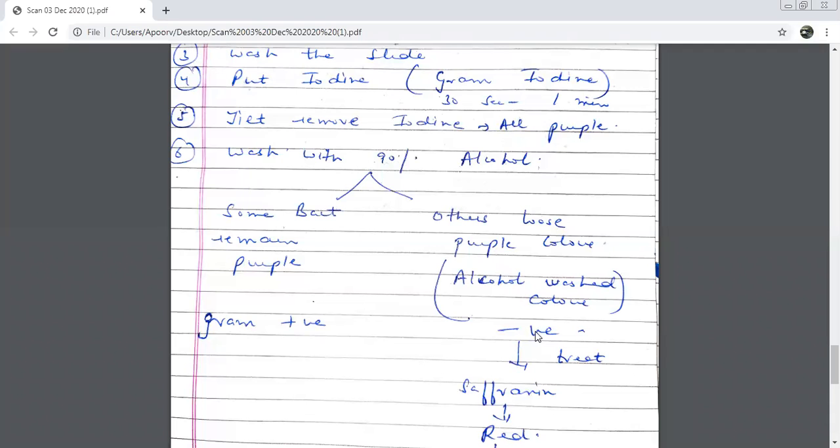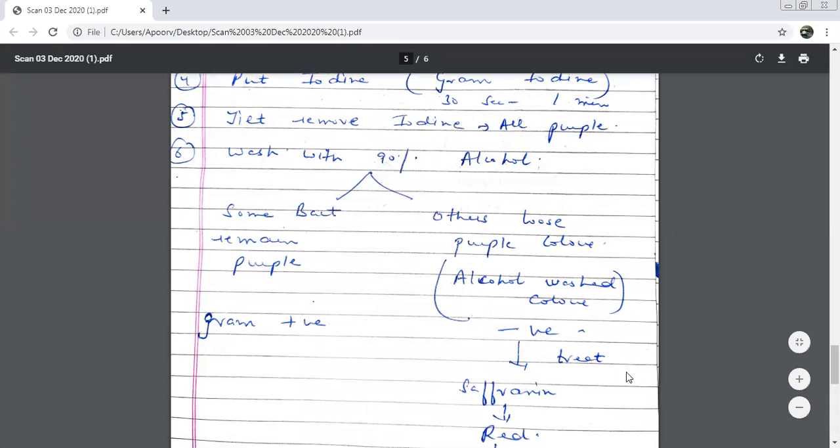Very good. And after crossing that, it should also be able to pierce the inner membrane, which is made up of peptidoglycan.